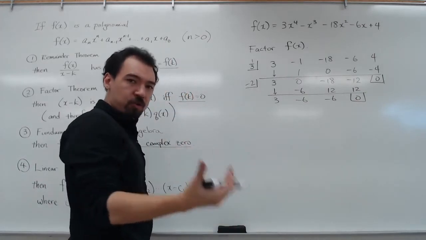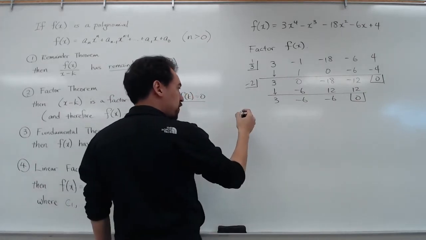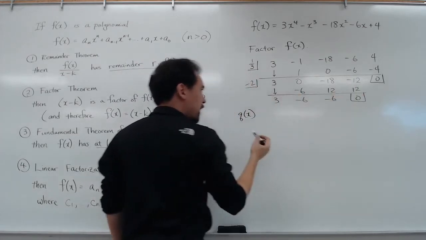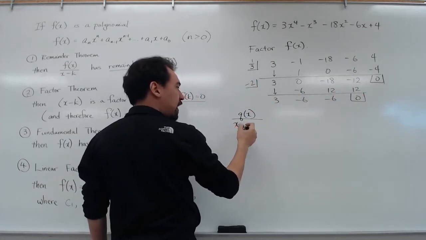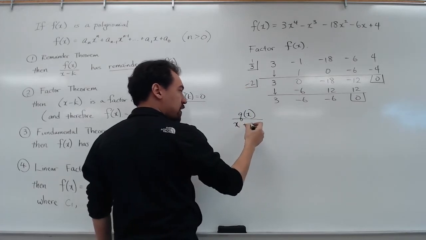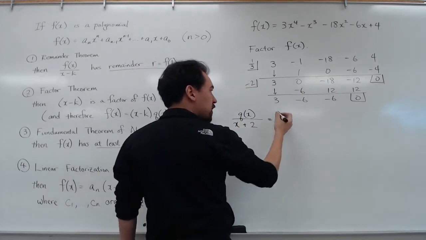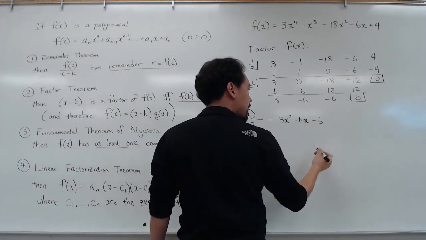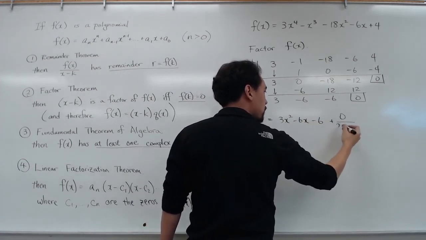So, what just happened? We took the quotient q of x, which was this part right here, and we divided that by x minus -2, so x plus 2, and we got a new quotient, 3x squared minus 6x minus 6, with 0 remainder, right?